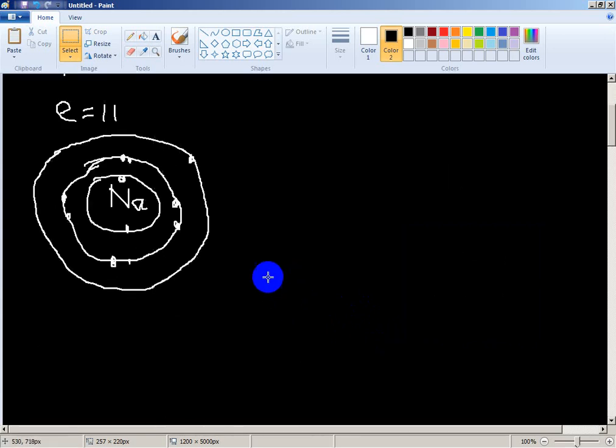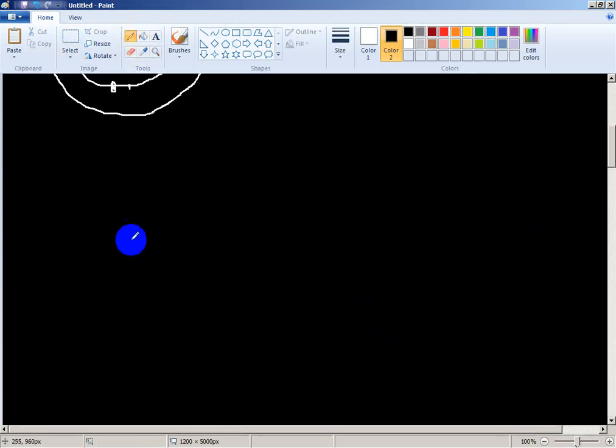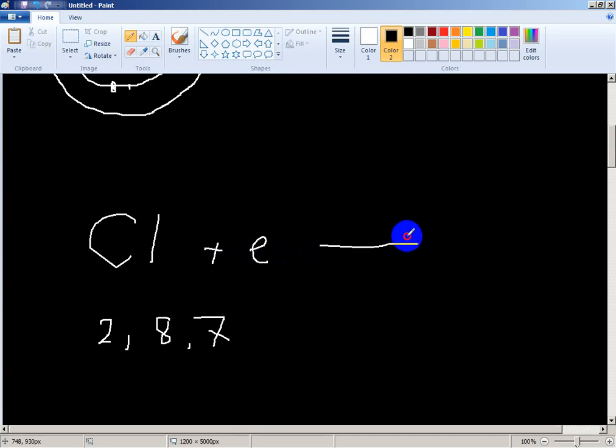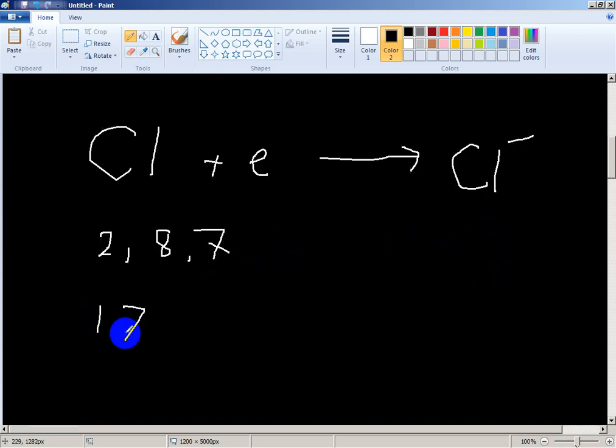And chlorine has 17 electrons, configuration 2,8,7. In the outermost shell, if it gains 1 electron it will achieve an octet, so it will gain 1 electron and become chloride, minus. Its proton number is 17 and electron number is 17.